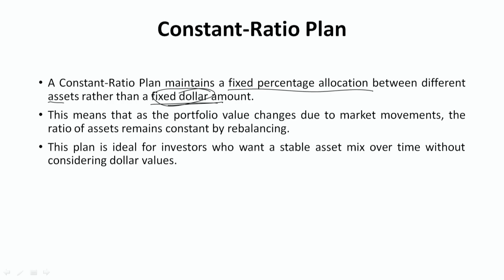Here I am talking in terms of volume, or I can talk in terms of the proportion of various assets which I have to hold. It is more volume based rather than value, but I can convert it into value. Here the portfolio value changes due to market movement, but the ratio of the assets is going to remain the same by rebalancing.